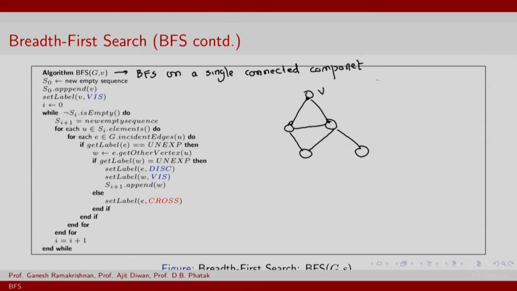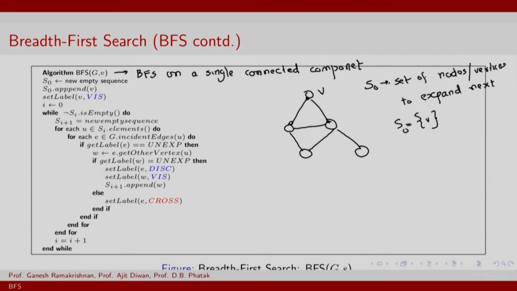Now S0 is going to denote the set of nodes or vertices to expand next. So initially you just have V, so S0 is V, and you let I be 0, so S0 or S1, S2, all of them denote set of nodes or vertices to expand next.